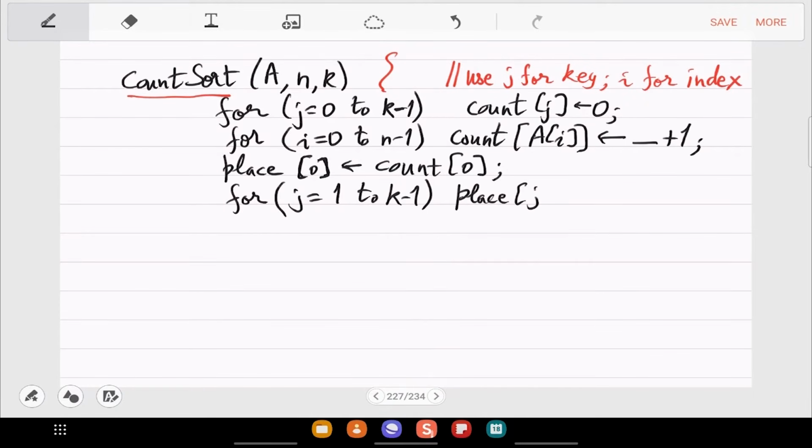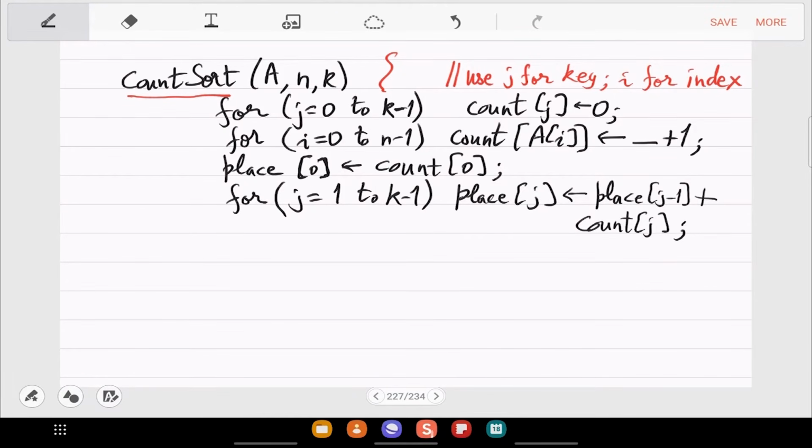Place for this value j is not really an increment; to the previous one, which is place j minus 1, you add count j. Okay, so this finishes both count and place.